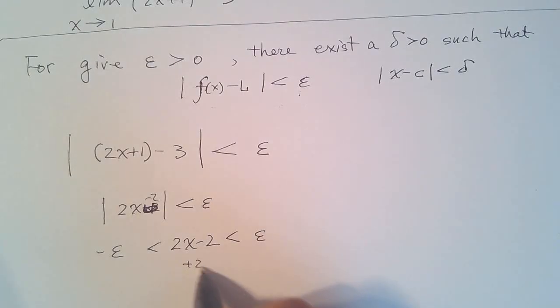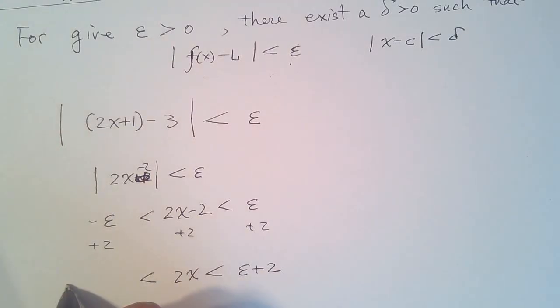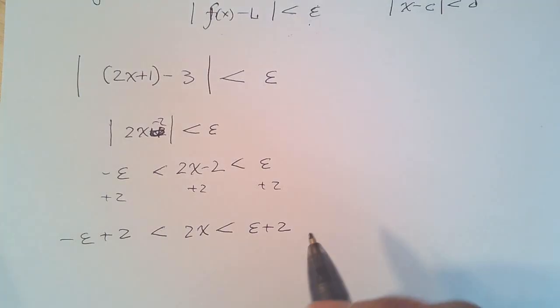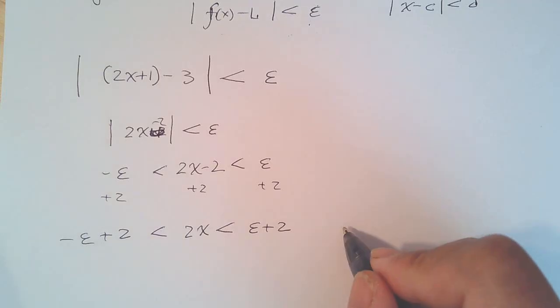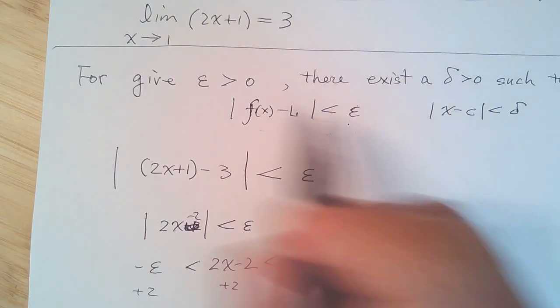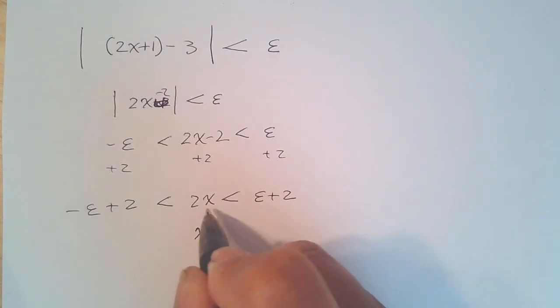Sorry, here, plus 2. And then I go plus 2, plus 2, plus 2. So I have 2x between negative epsilon plus 2 and epsilon plus 2. Then I want to deal with this c. What is my c? c is 1. One more step, I divide by 2.